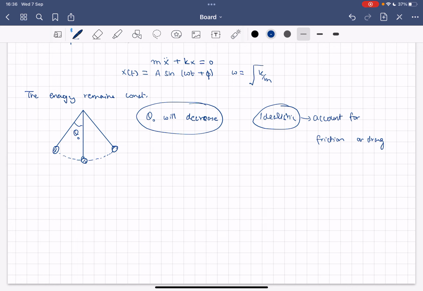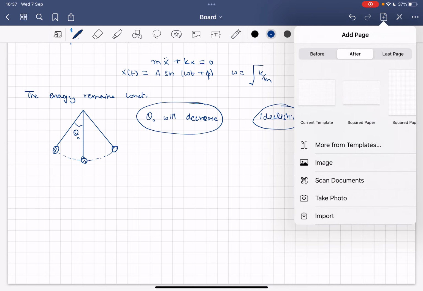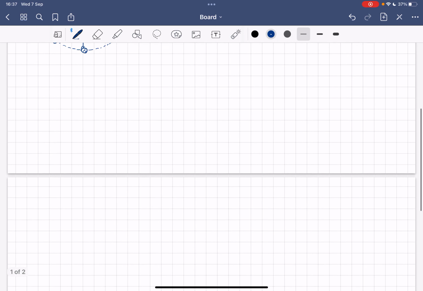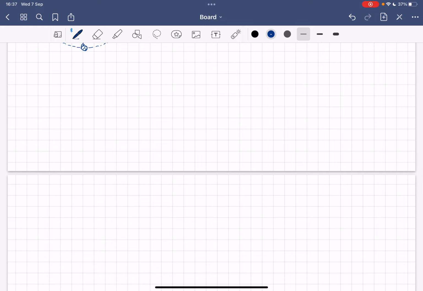These two things need to be counted, and they are not accounted for by this equation. So we'll improve our model so that we can account for these two things as well. What I'm going to talk about is what we call the damped oscillator.